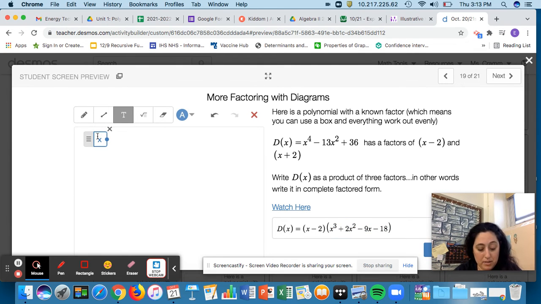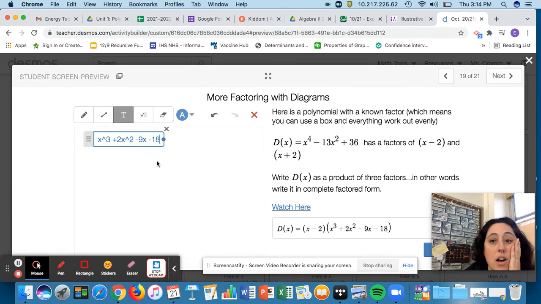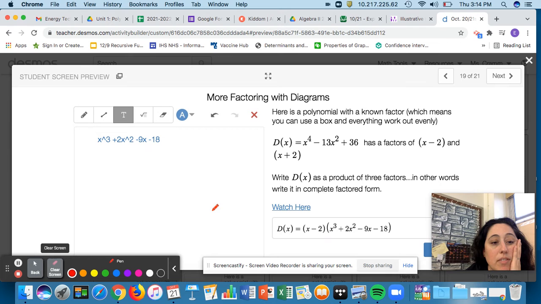So here I want x to the third, 2x squared, minus 9x, minus 18. Okay, cool. Alrighty, so I know that my other factor is x plus 2.